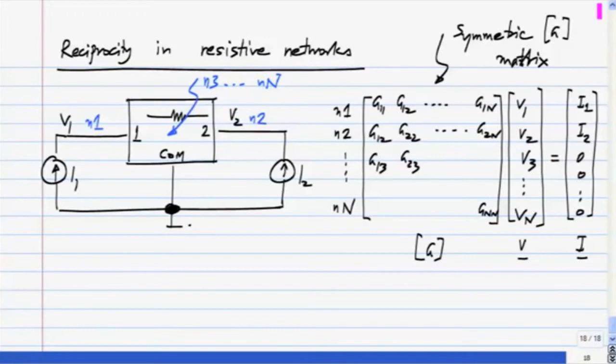Now for reciprocity, basically I need to find the relationship between, let's say, V1 and I2 and V2 and I1. So what I'll do is try to eliminate all the remaining variables. For that, let me subdivide this matrix into 4 pieces.